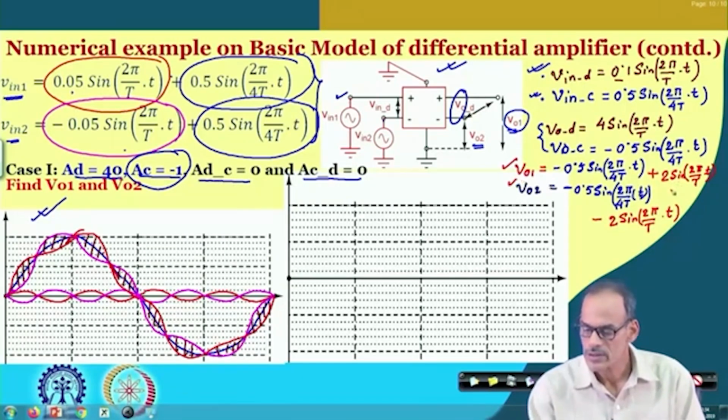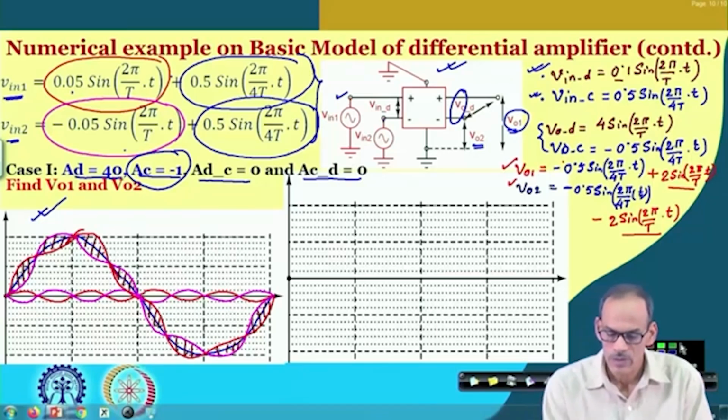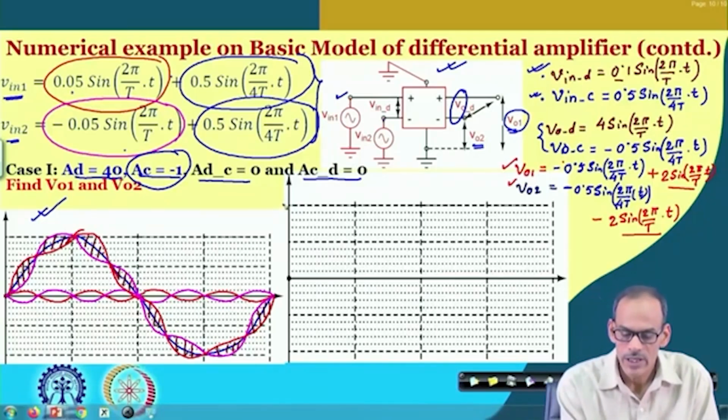Now we can see that this red part is the wanted or desired part, and along with that we do have the unwanted part. Let me use the same scale, namely 2, 1, this is 0 and so on.